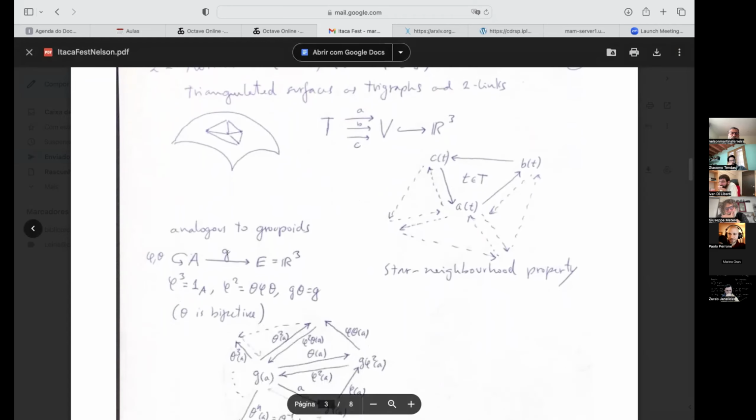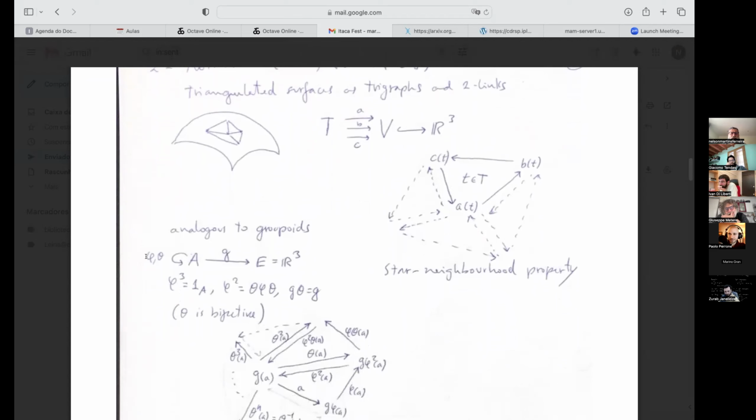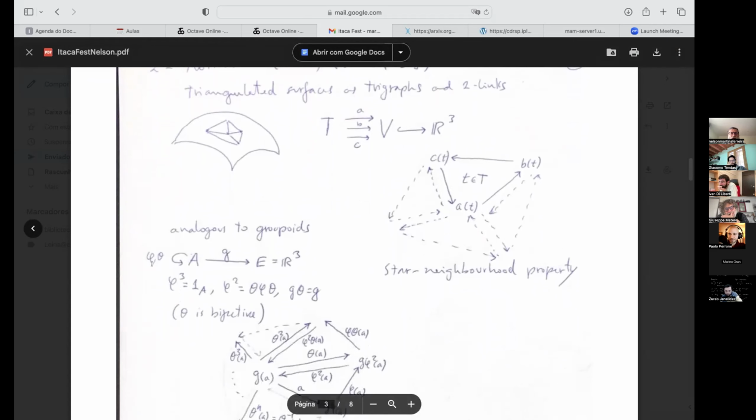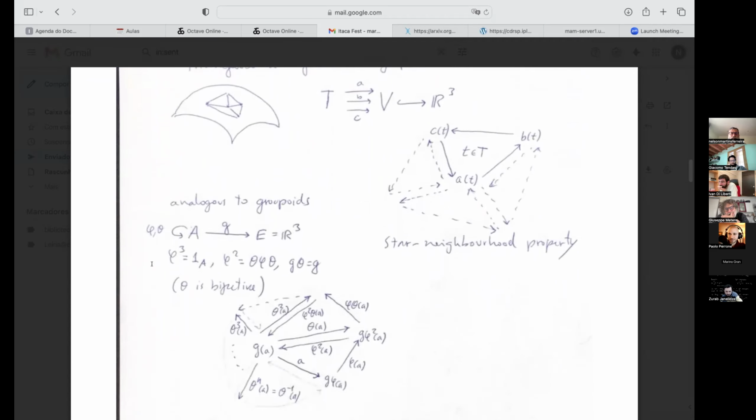Analogous to groupoids, we get a morphism G together with two endomaps, such that phi cubed is the identity, phi squared is this composition, and G theta is G. And the interpretation is, instead of triangles, we now look at edges.